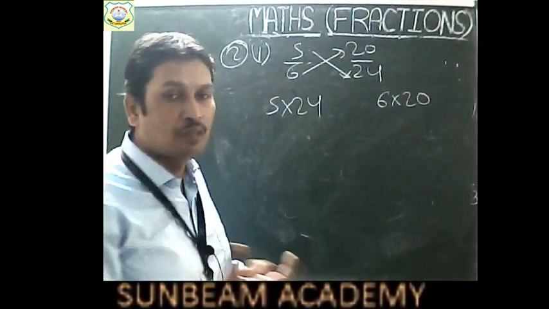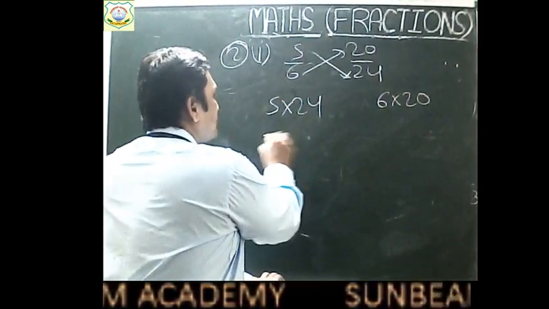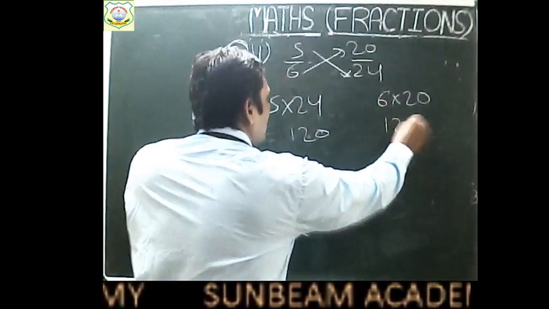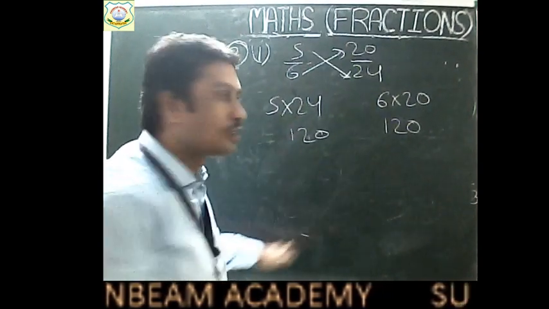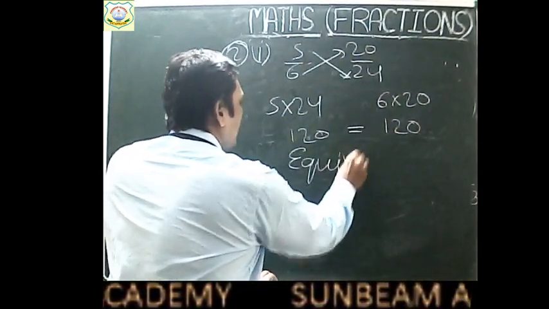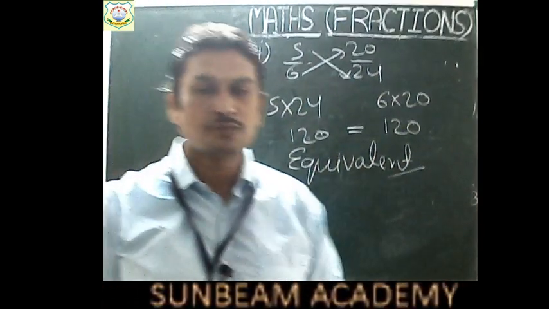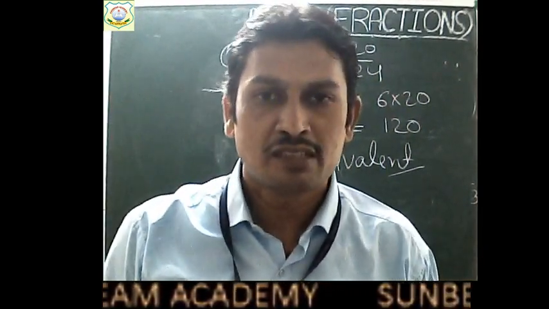Now see whether both the products are equal or not. 24 times 5 children, 24 times 5 is 120, and 6 times 20 is again 120, right children? So both the products are equal, it means the given fractions are equivalent, right children? So this is the way to find out whether the given fractions are equivalent or not.